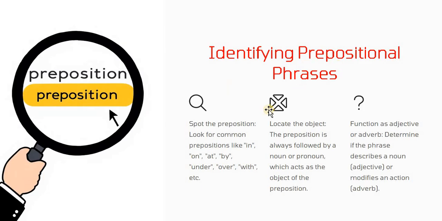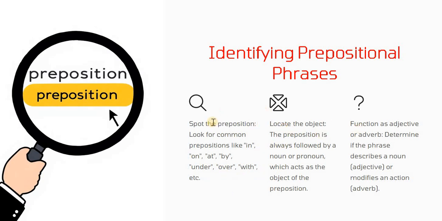Now, identifying a prepositional phrase: how can we identify the preposition? Spot the preposition. Where is the preposition? Look for common prepositions like in, on, at, by, and under. So we have that type of preposition. You already looked at it: in, on, at, by, under, over.